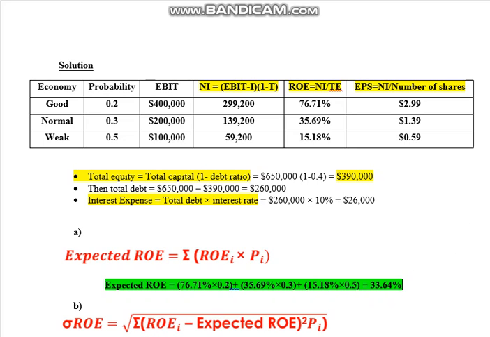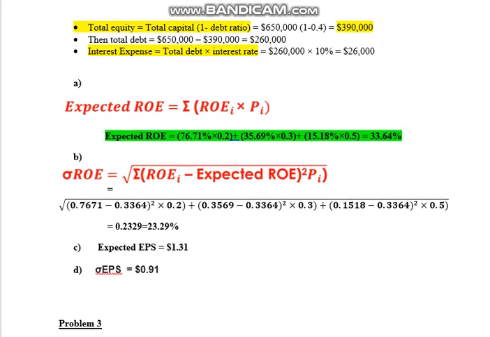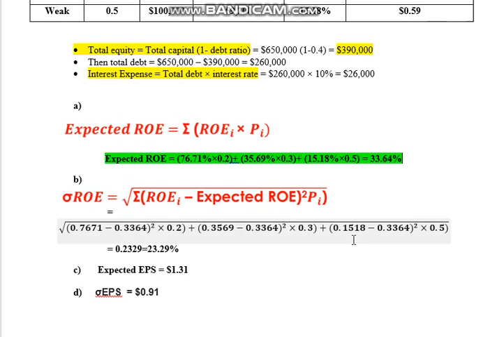And in order to calculate the risk in ROE, it's simply equal to the standard deviation of ROE, which is equal to the radical of the sum of each ROE minus the expected ROE that we have calculated, squared, times the probability of the situation.